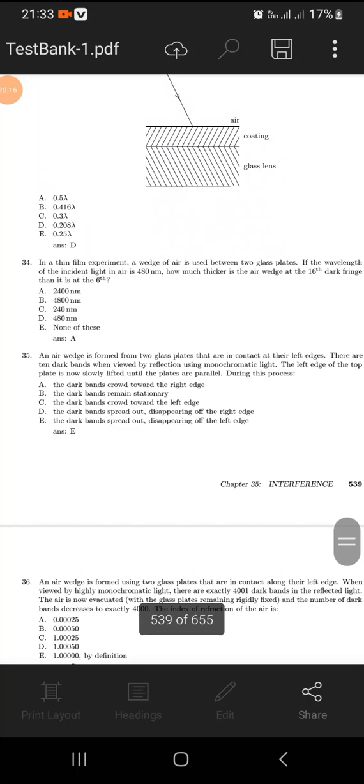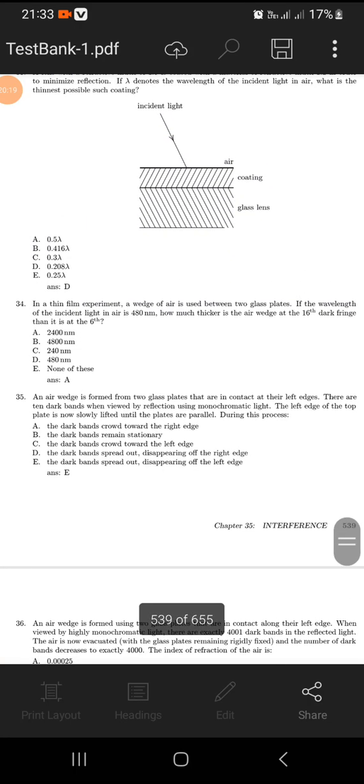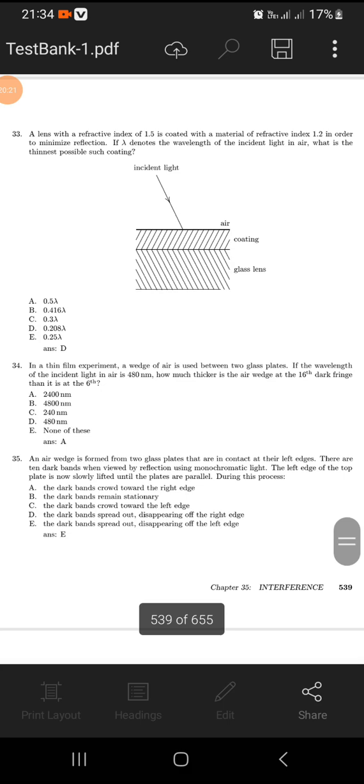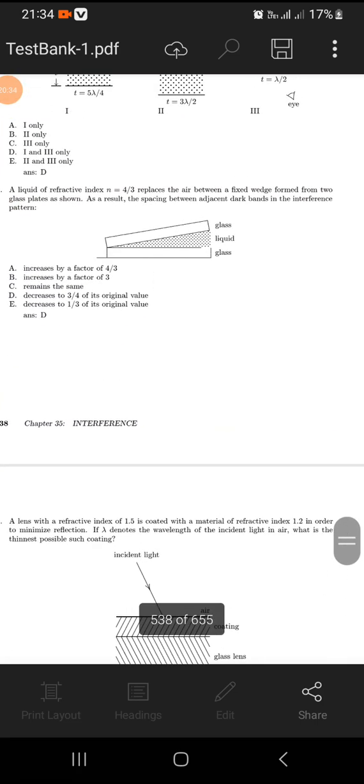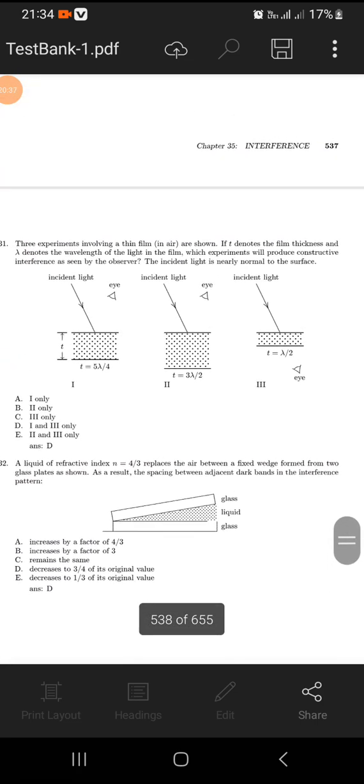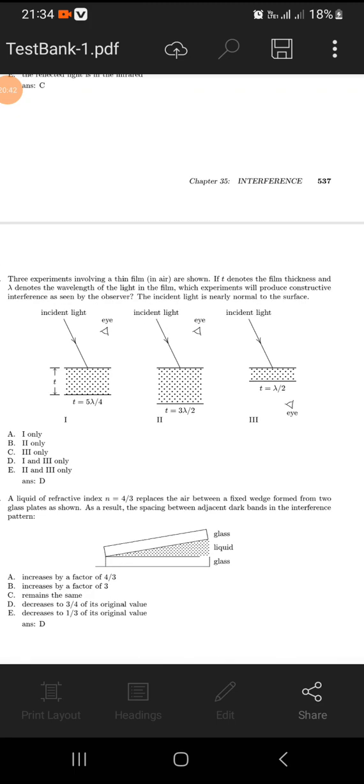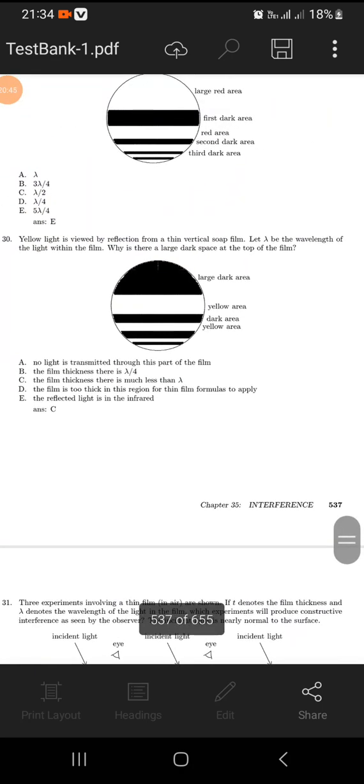Therefore 1.0025, left edge. Inverse, therefore this one, that's where we pick the right answer.